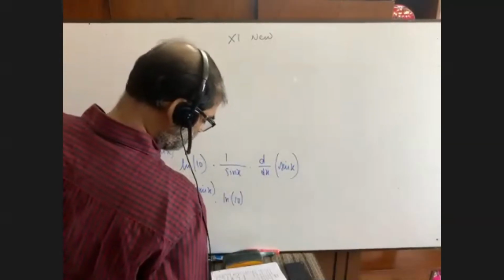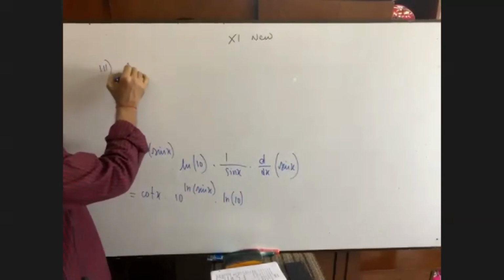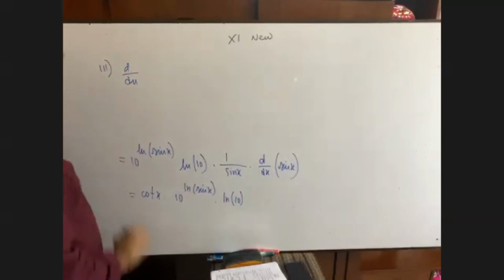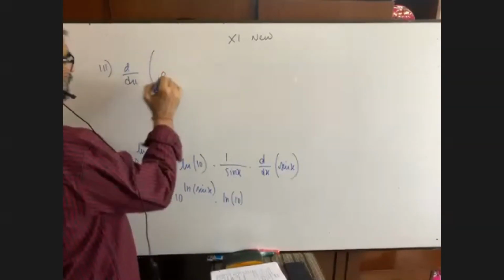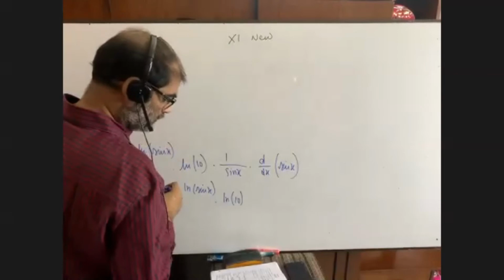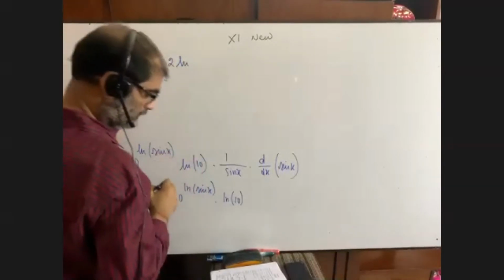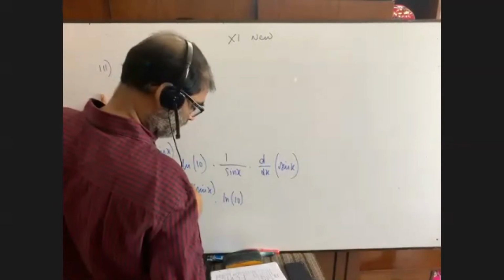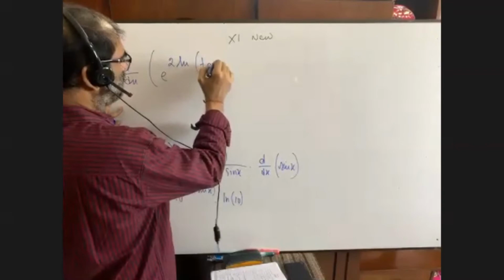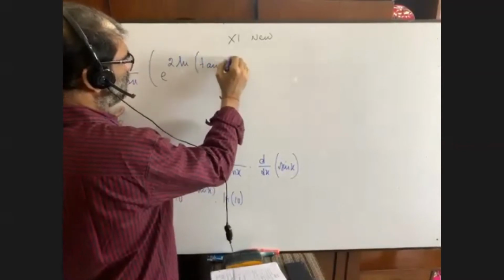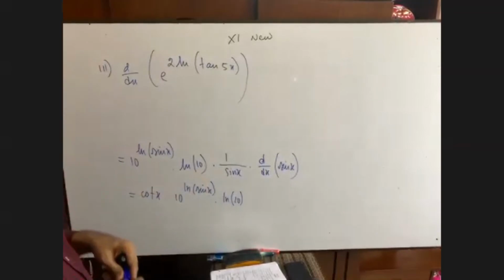Okay. Question number 3. Important math. D by dx e to the power 2 ln 10 5x. Okay, do it. I want to see who can do it.